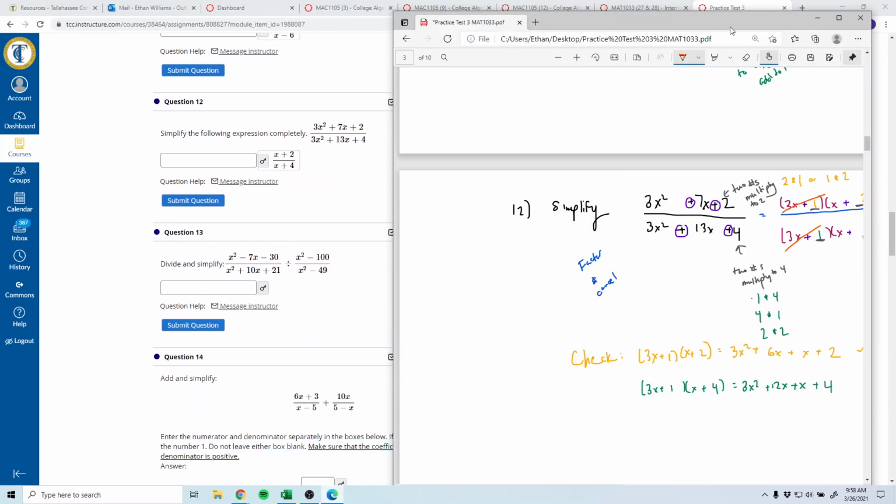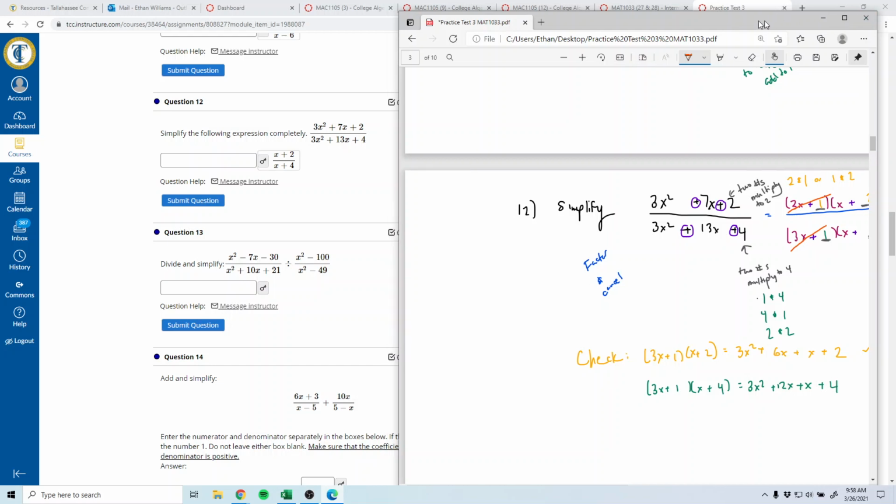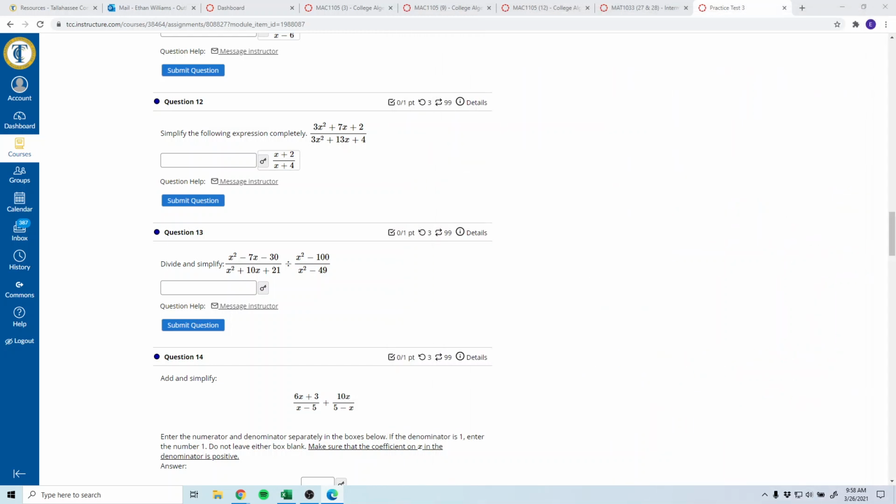Number 13. So a more recent homework topic, maybe, just from last week. We want to divide and simplify.